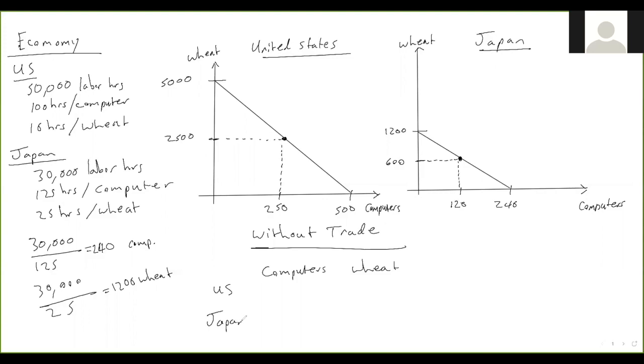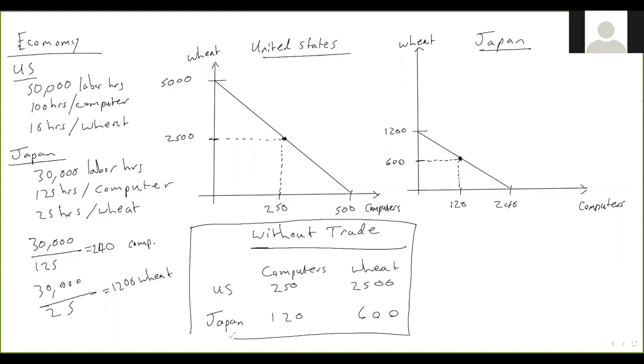So let's quickly plot the outcome here in our table. We've got 250 computers for the US and 2,500 tons of wheat, and 120 and 600 for Japan. So here's our baseline. If both of these countries are going to be self-sufficient, this is one possible bundle of output that could be generated.